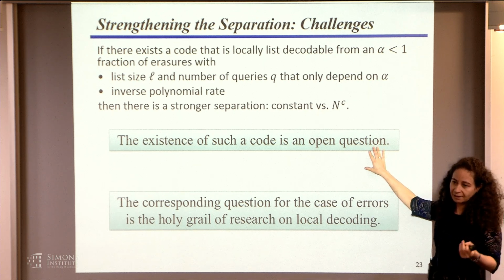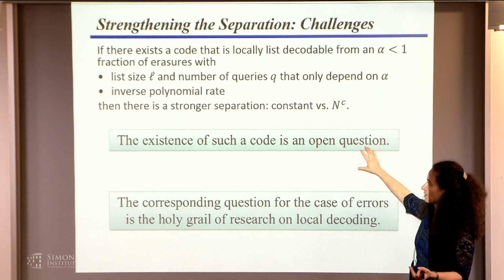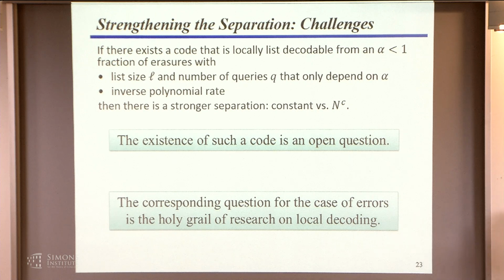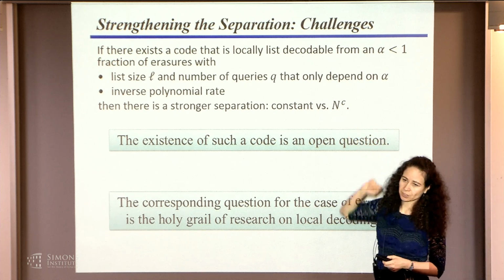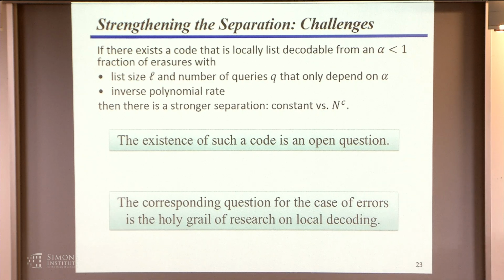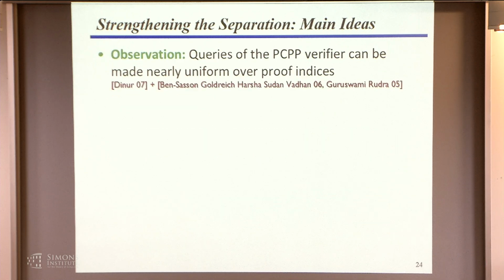If erasures are obviously easier, then maybe somebody can come up with a code that actually has inverse polynomial rate, with all these conditions, but with erasures. And then we would be done. But we couldn't do this, because we didn't break this open question.